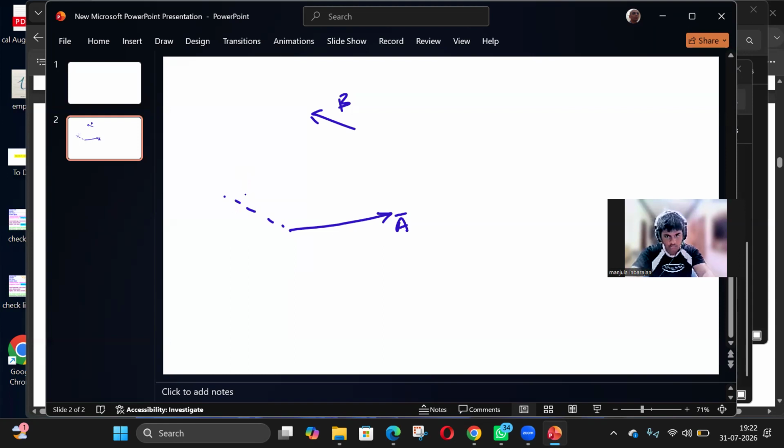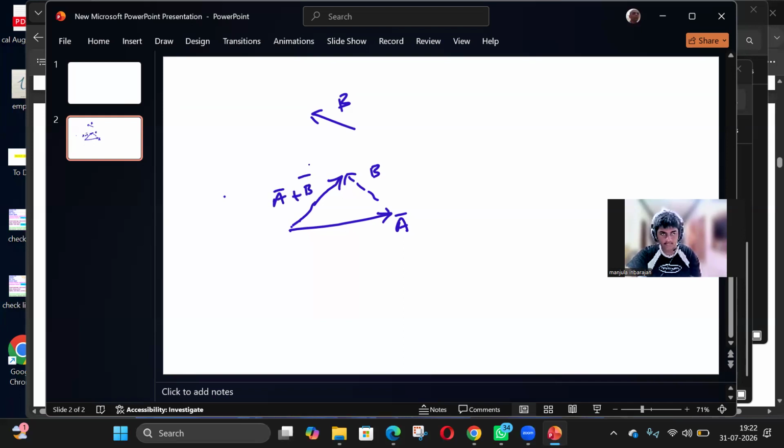Head and tail should be together, so I will move it here. Now I have to complete the triangle by joining the tail of the first one to the head of the last one, or actually there are only two. So this is the sum A plus B.